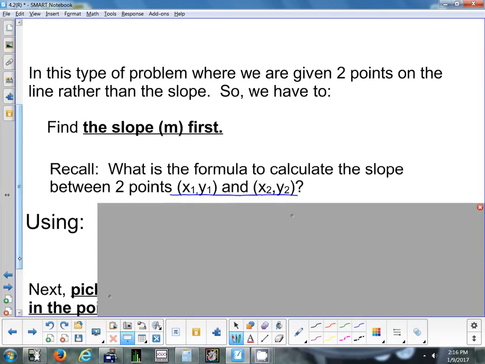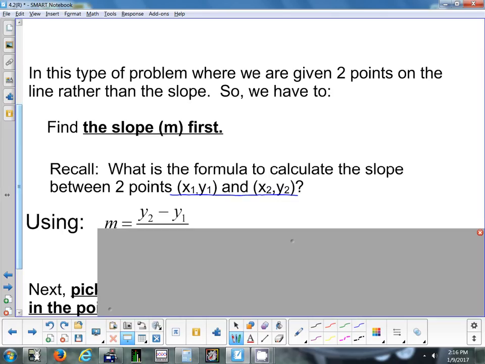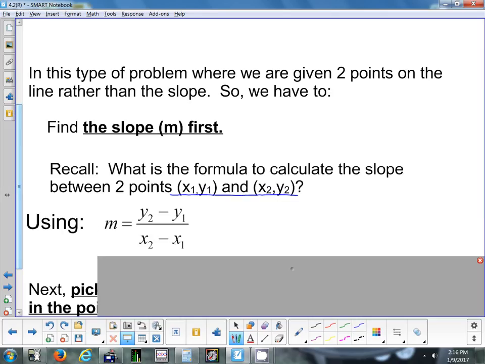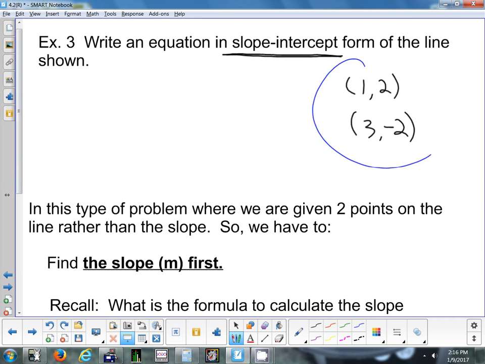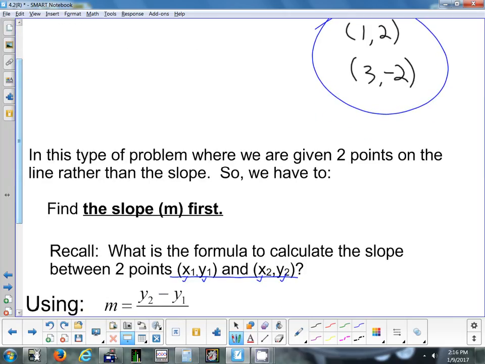It's y2 minus y1 over x2 minus x1. Perfect. It's on that line that says using, you already have the fraction bar. Fill in this formula: y2 minus y1 over x2 minus x1. The x1, the y1, the x2, and the y2 are these 4 numbers. We just have to figure out which one is which.